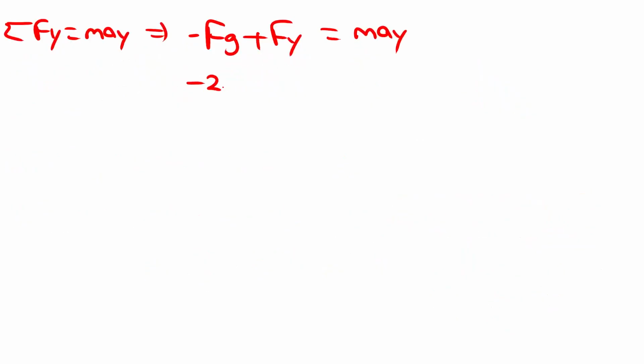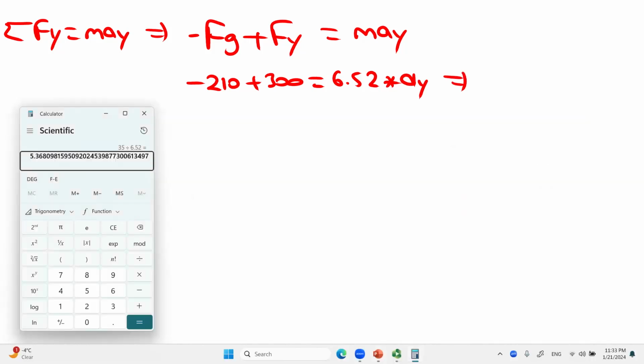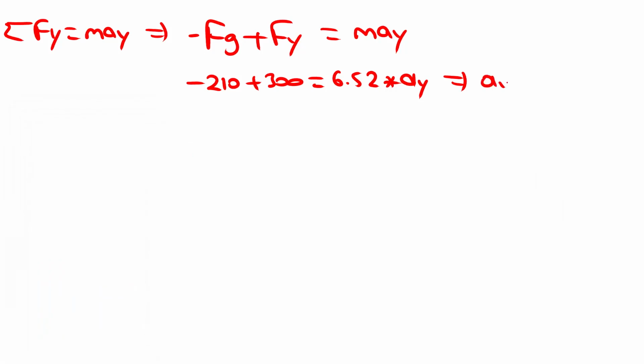Fg is negative 210 plus Fy is 300, and m is 6.52 times a_y. From here it follows that 90 divided by 6.52 is 13.8 feet per second squared.